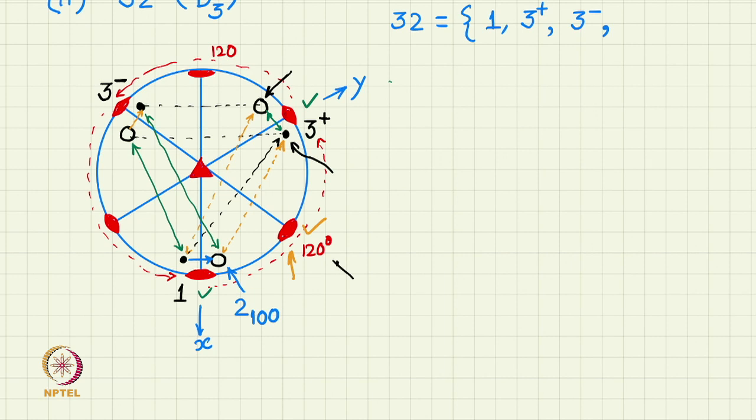We have already seen that this point can be related to the original point by a rotation about this two-fold axis, which is between x and y. So, this is a 1 1 0 direction. So, this two-fold will be called the 1 1 0 two-fold. So, this resulting point is 2 1 1 0.